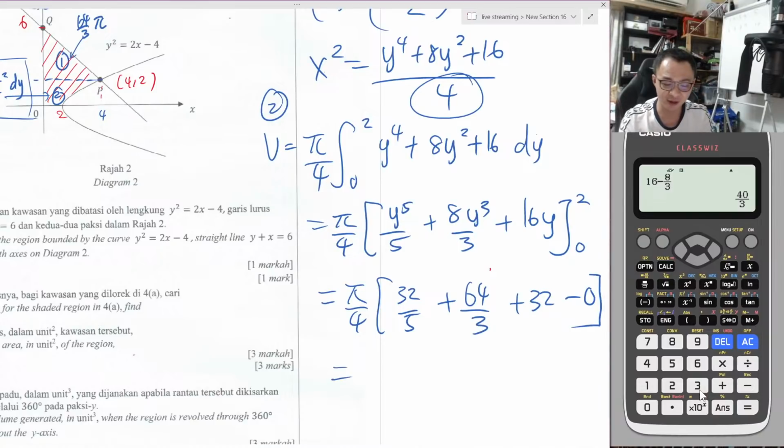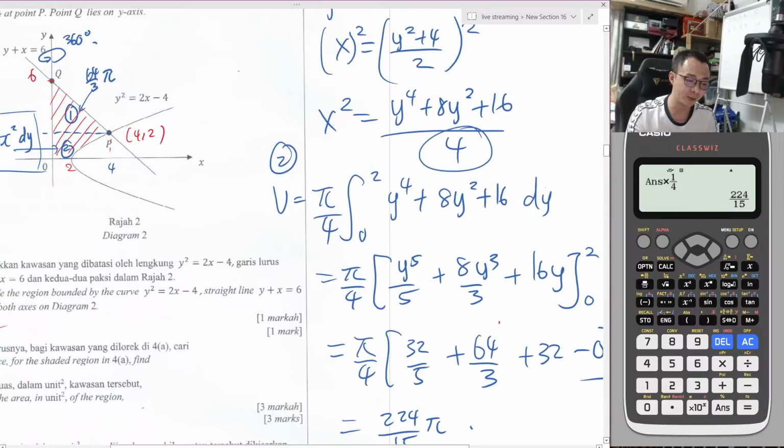Okay, then use a calculator. 32 over 5 plus 64 over 3 plus 32. Right, and then I multiply 1 over 4. So I get 224 over 15 pi.